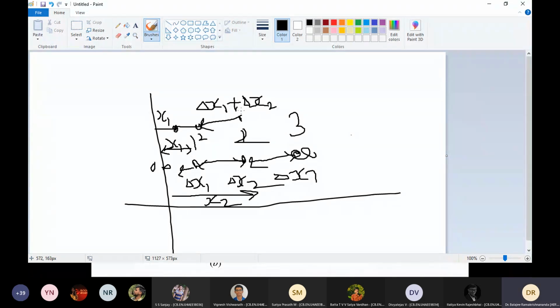When you go to 3, 3 would have moved to a closer point here, 3 prime, let's say. This is 2 prime and 1 prime. So 3 would have moved from 3 to 3 prime, which is somewhere here. So this total distance through which 3 has moved is delta x1 plus delta x2 plus delta x3. So much it would have moved. This is actually captured by this equation here.